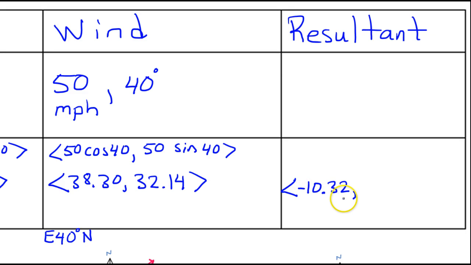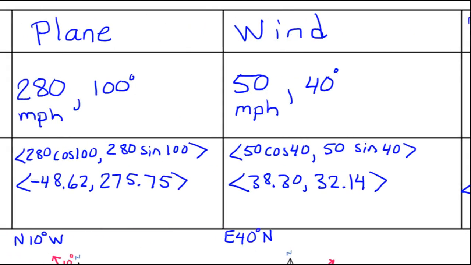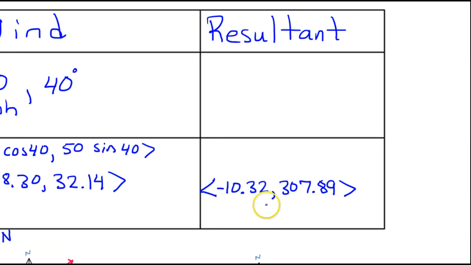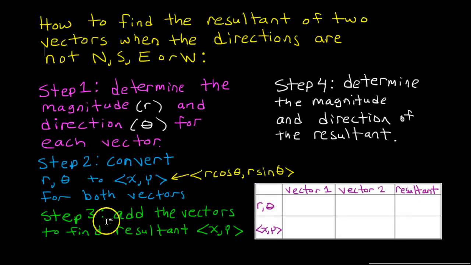That's negative 10.32. Now let's add the vertical components. 275.75 plus 32.14. That is 307.89. So that is it for step 3. We have added the vectors, and now we have the resultant vector in component form.